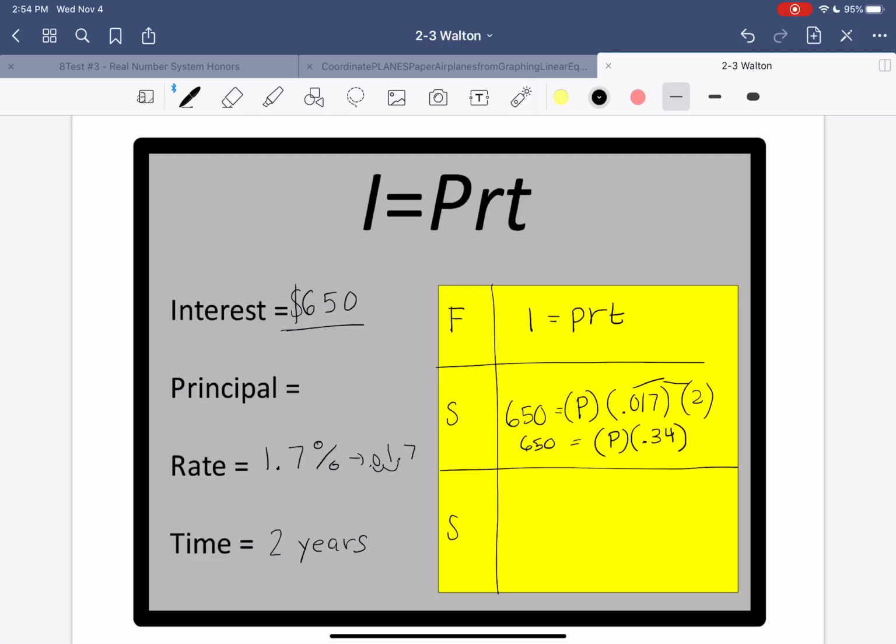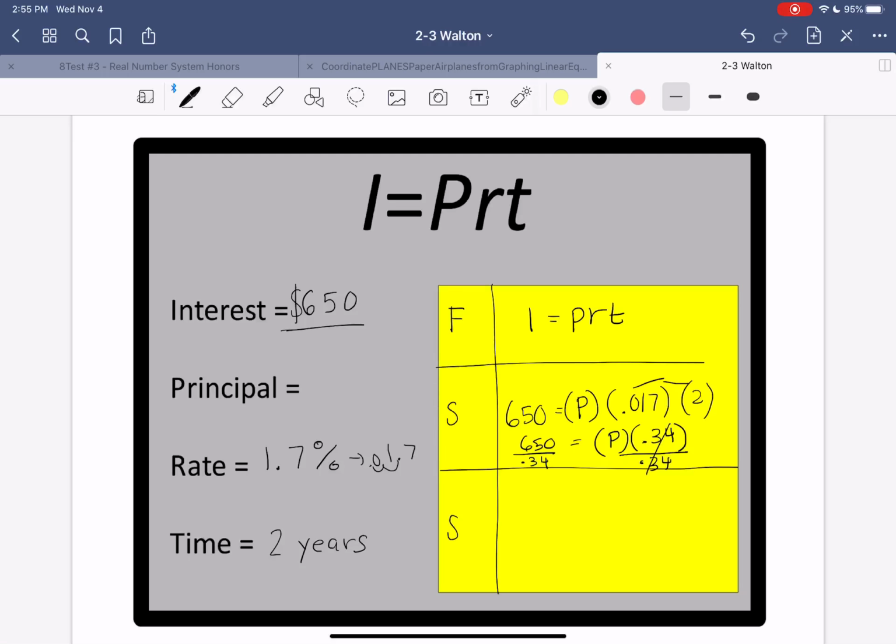And this is where hopefully the last step in solving equations comes up. And you can say that the inverse operation of multiplication is what? And hopefully you said division. So we're going to take both sides and divide by 0.34.